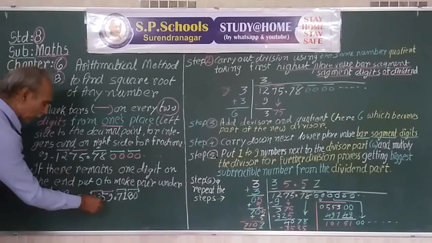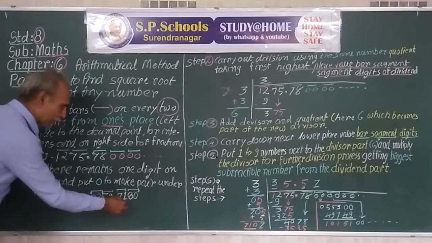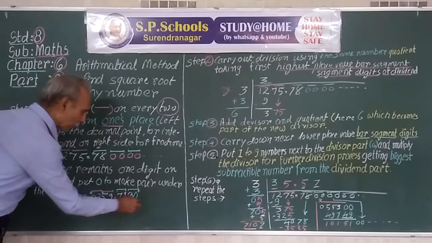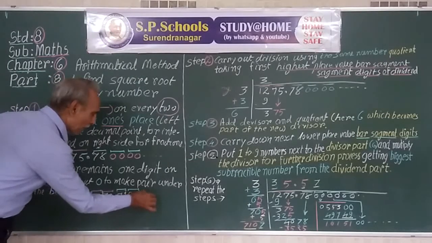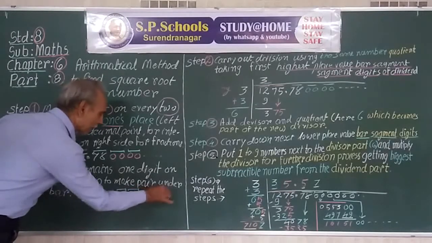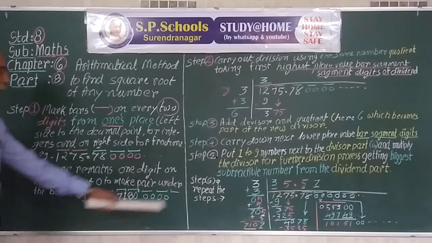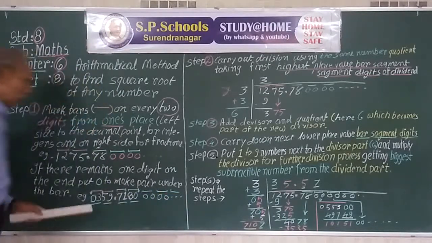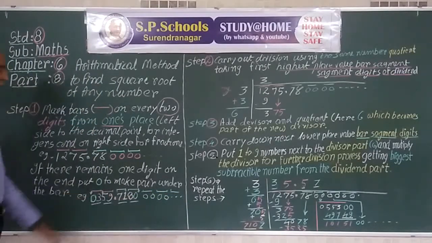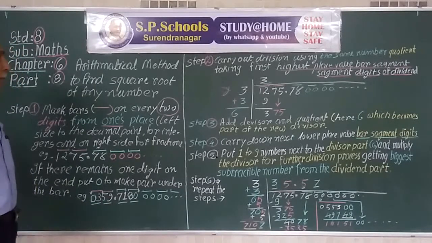So this becomes the first pair, this becomes the second pair, this becomes the third pair, this becomes the fourth pair, and if you go on pairing, we get one after the other the further pairs for further values of fractional points next to the decimal point.